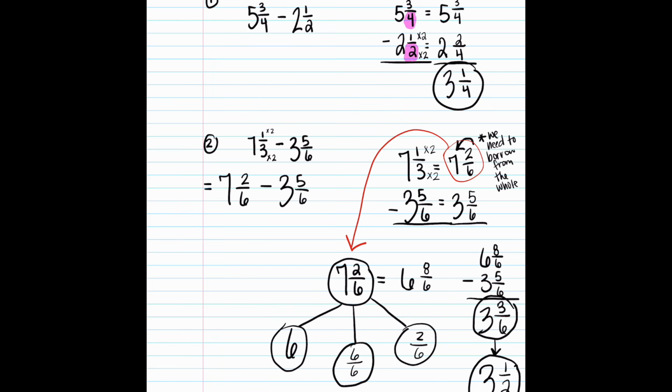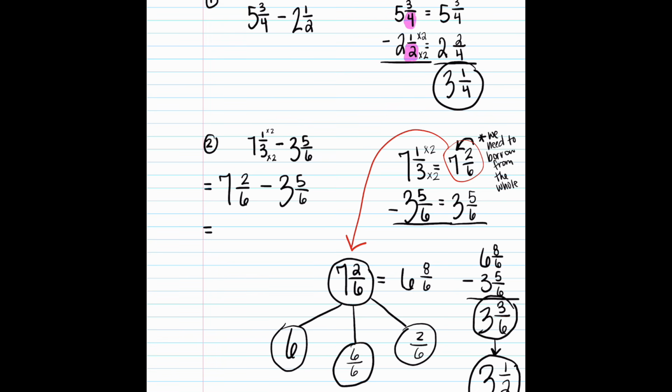Now, I did say I would do it over here on the left in a different way, less broken down. Hopefully now that you've seen it on the right side, why it is that way, it'll be easier for you to do it this way on the left. So essentially, we've talked about we don't want our final answers to be in improper form. So it's okay if I change the way I look at a mixed number.